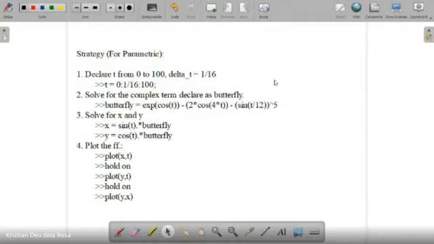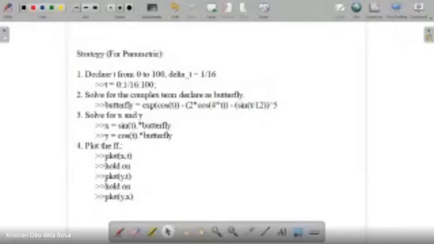Okay, so punta na tayo sa MATLAB. Any questions before we go to MATLAB? Any questions? So yun yung strategy natin. Okay, so it is always a good thing to do in all of the problems that you're going to encounter in MATLAB to strategize first, ano, bago tayo bumanat.